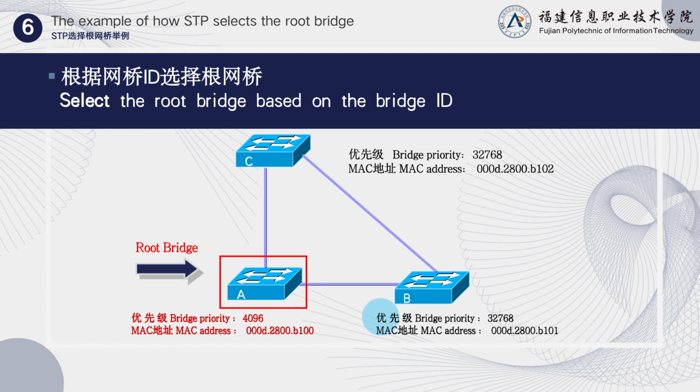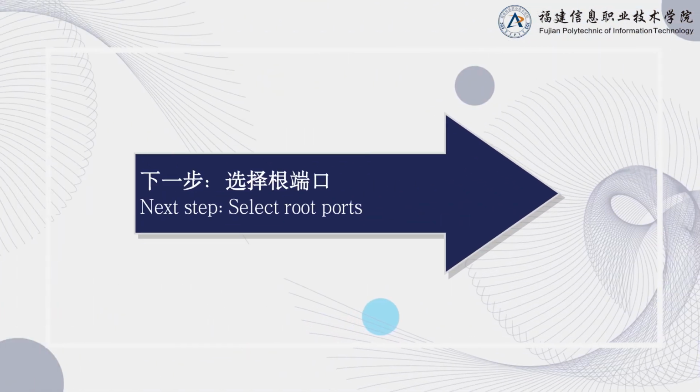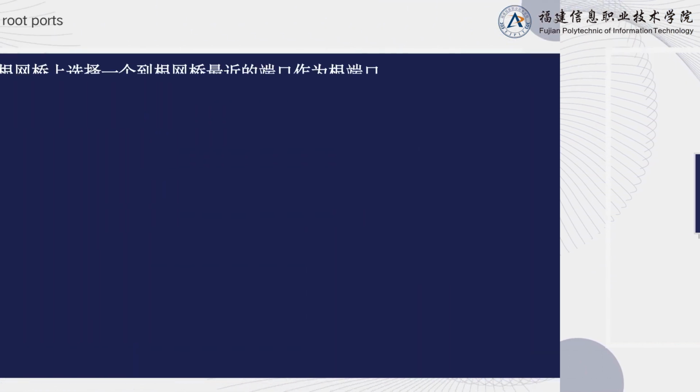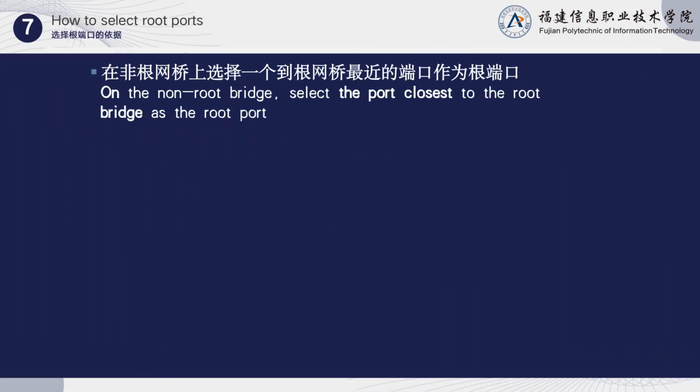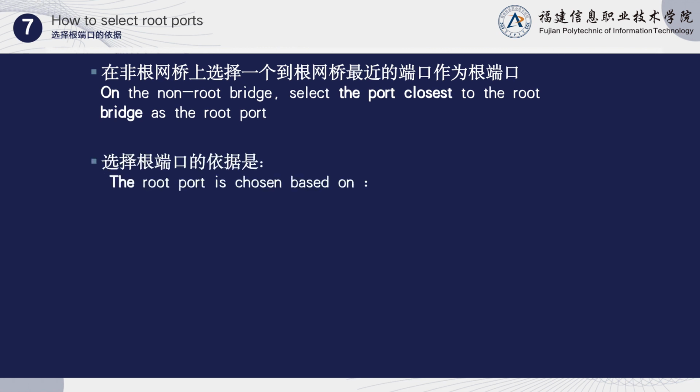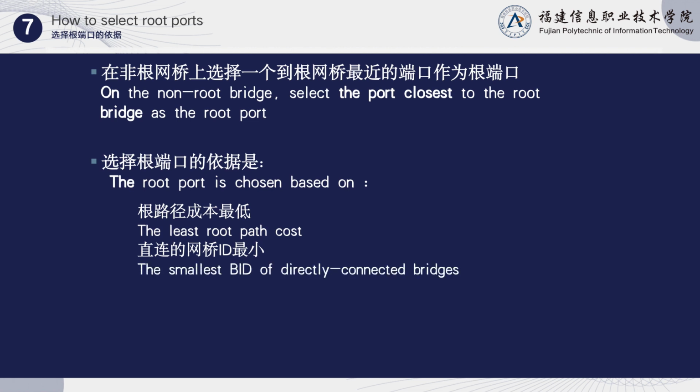Next, we are going to select the root port. The root port is the port closest to the root bridge. On the non-root bridge, we select it based on: 1. The least root path cost. 2. The smallest ID of the directly connected bridge. 3.